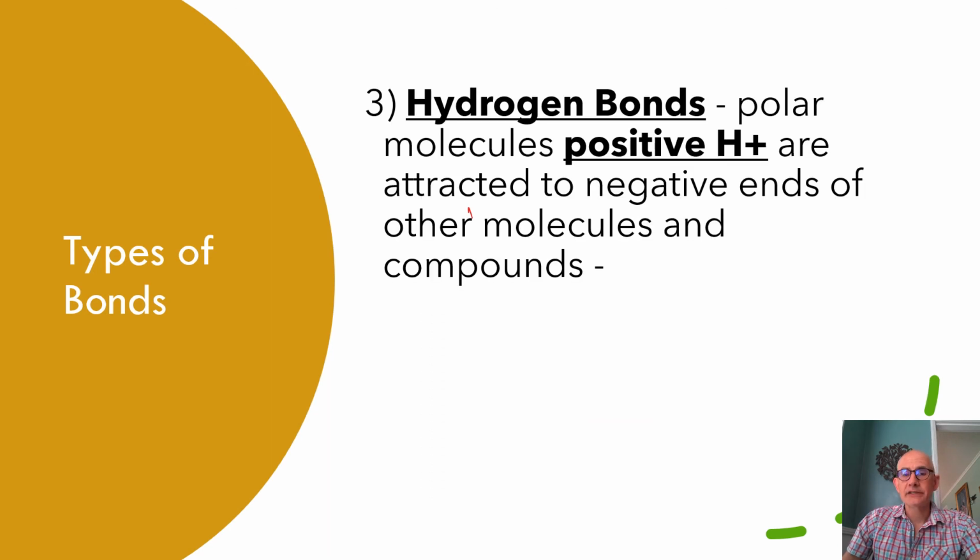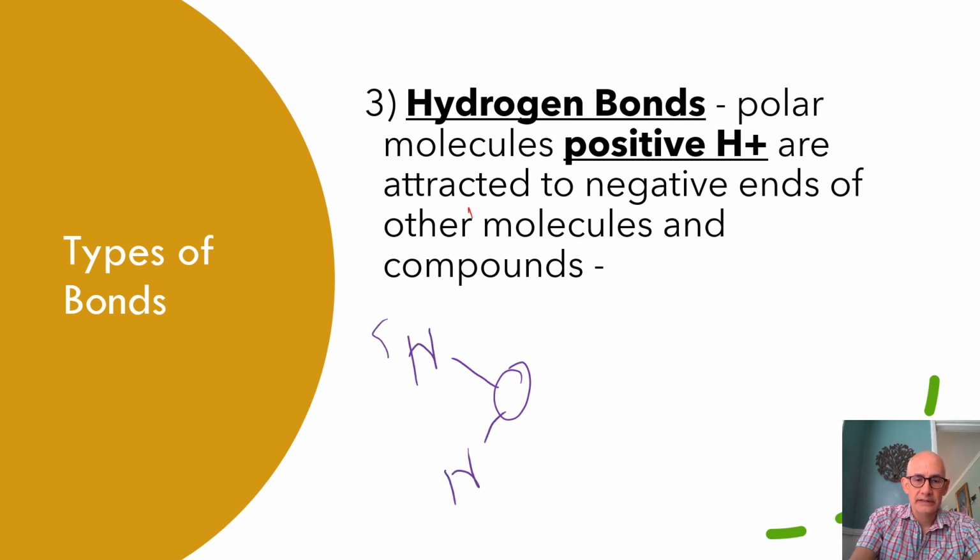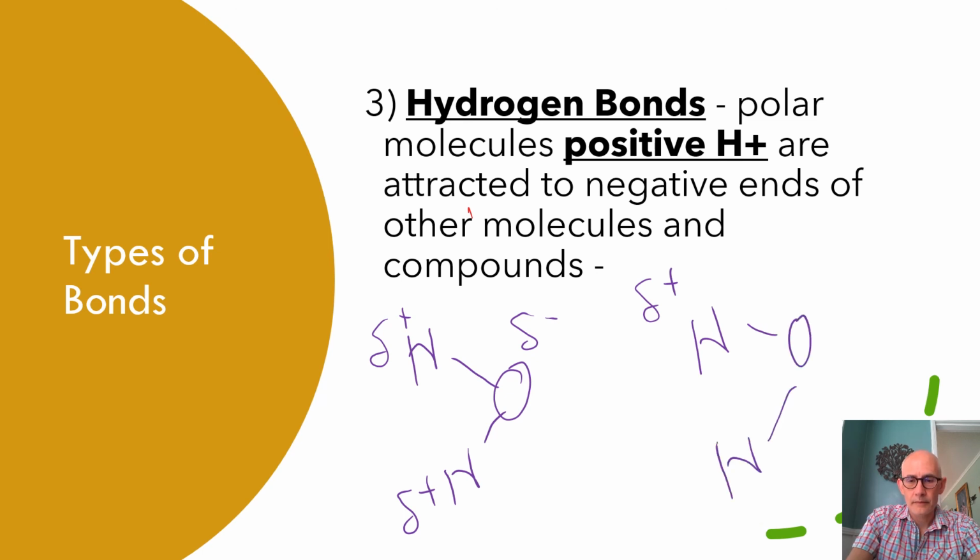Other types of bonds, you've got the hydrogen bonds. So if you have a water molecule, and this is slightly positive, and this is slightly negative, and you've got another water molecule, then this slightly positive will be attracted to that slightly negative.